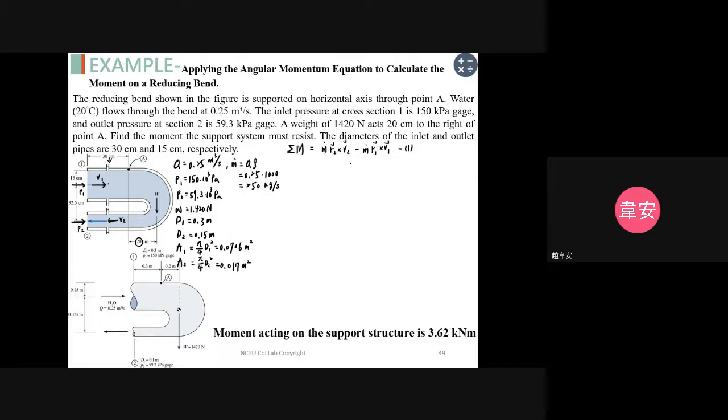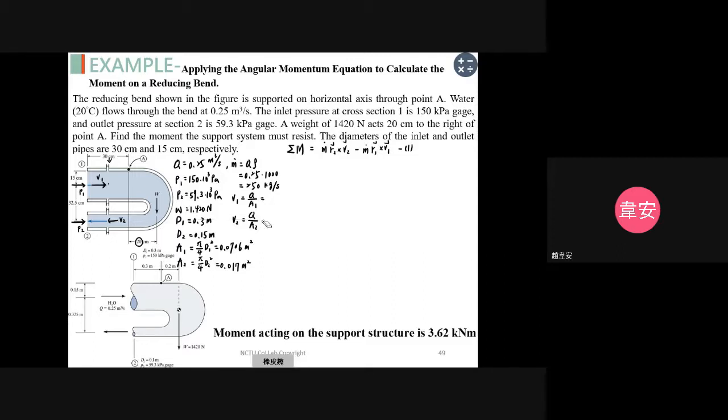Second, the two unknown parameters are V1 and V2. We have Q divided by A1, so we have the velocity, and for V2 we have Q divided by A2.